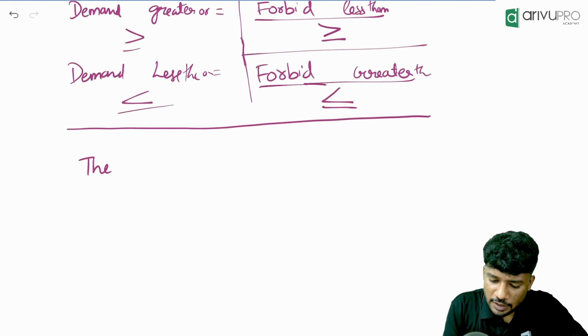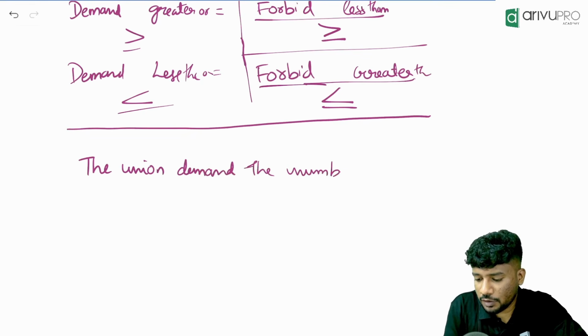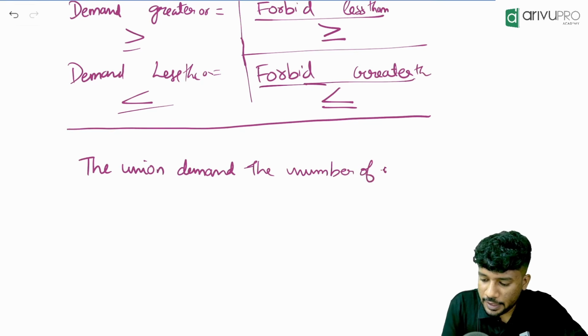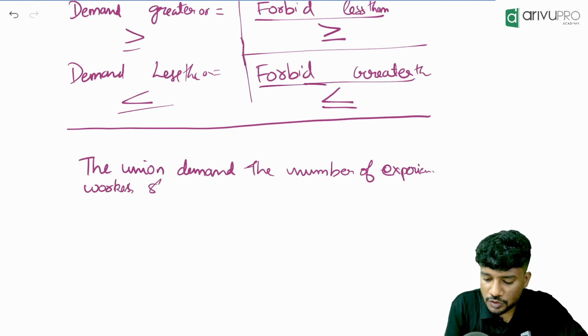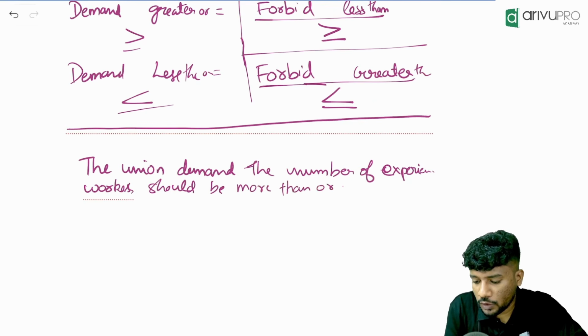The union demand the number of experienced workers should be more than or equal to freshers.